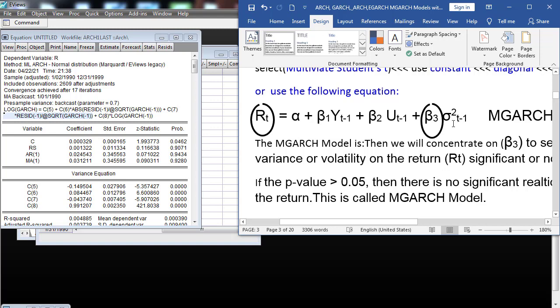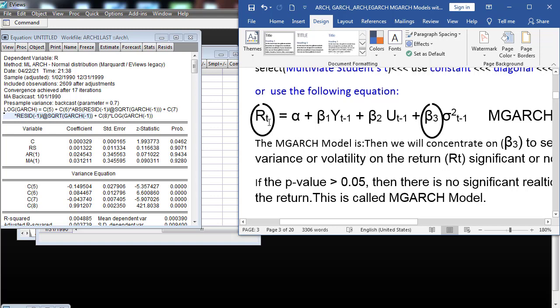This is the MGARCH model, and the main thing is the effect of beta 3 on the return. We just want to see whether beta 3 has an impact, whether the variance or volatility affects the return significantly or not.